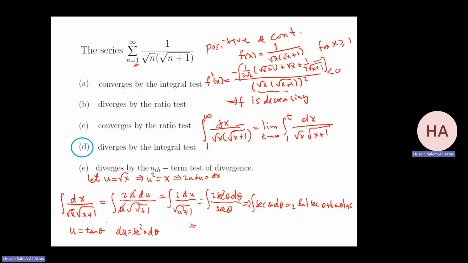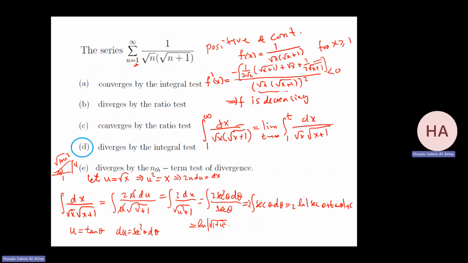And what is secant? This is the triangle, u, 1, square root of 1 plus u squared. So that will be ln, what is secant? Secant is square root of 1 plus u squared.